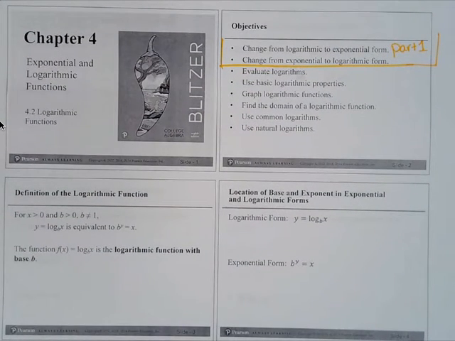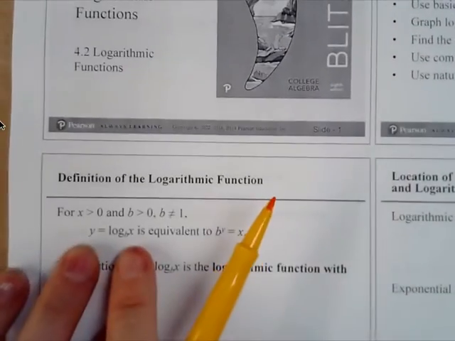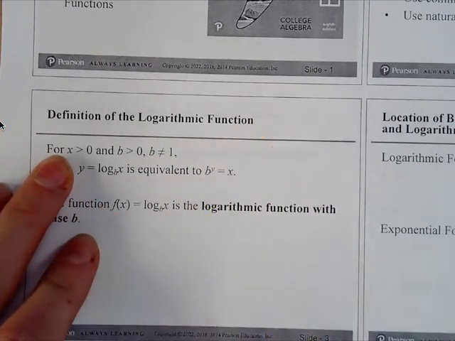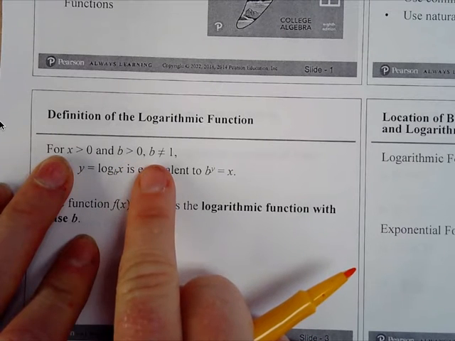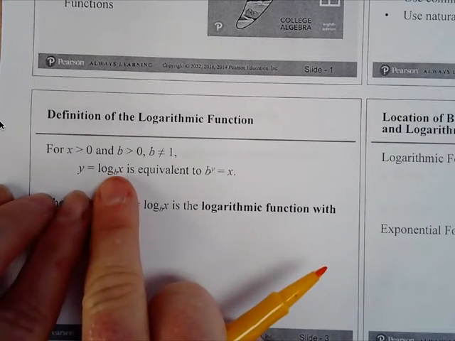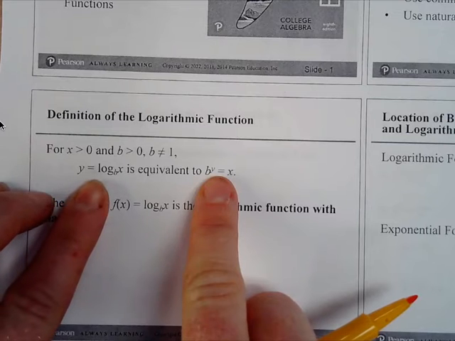Okay, so a log function is the inverse of an exponential function. So it tells us we have to have x greater than 0 and b greater than 0, where b does not equal 1. And here are the two equivalent functions.